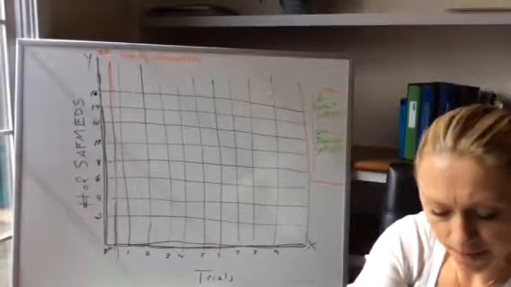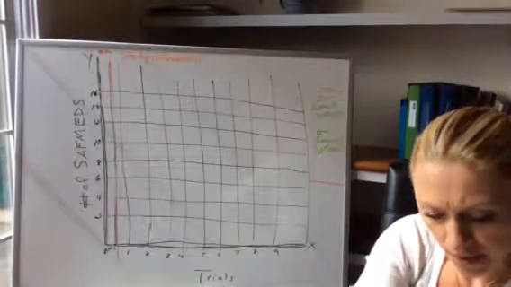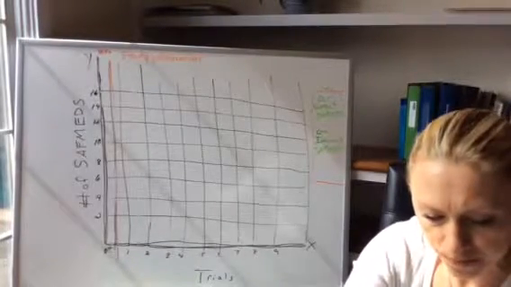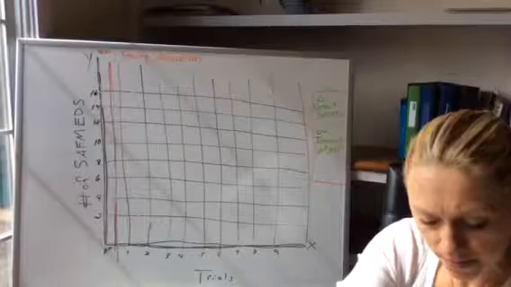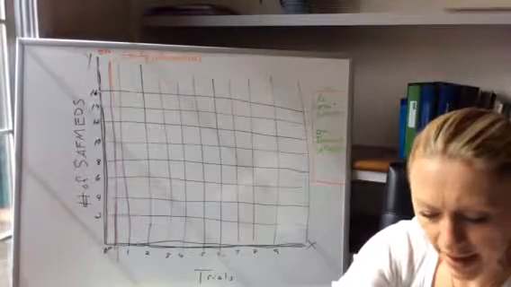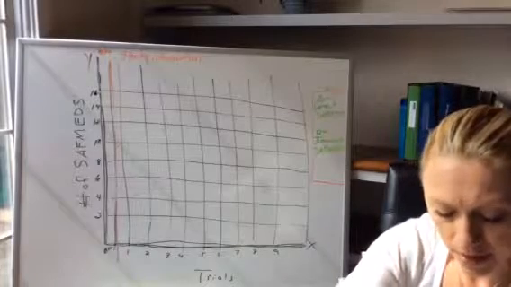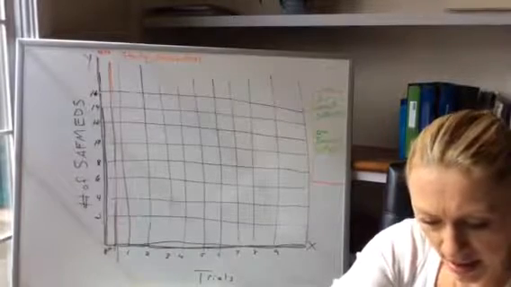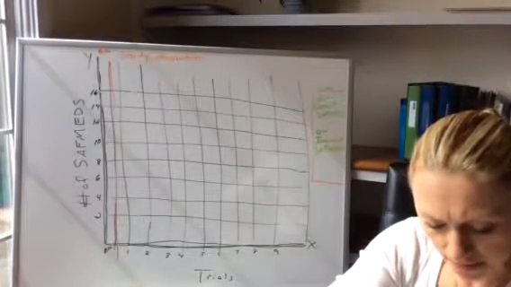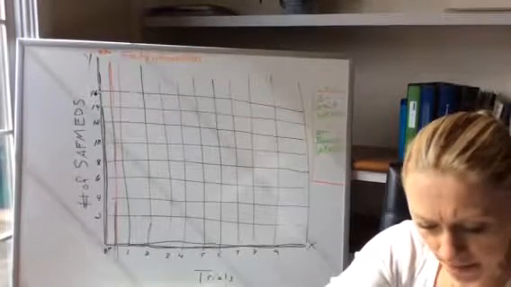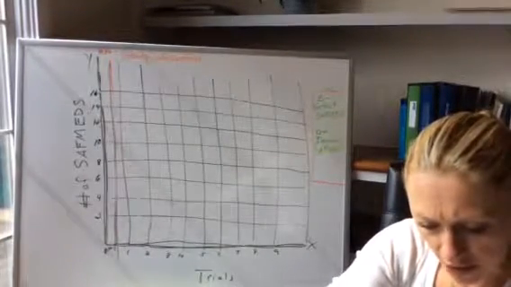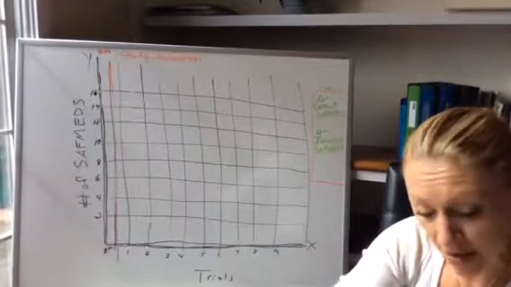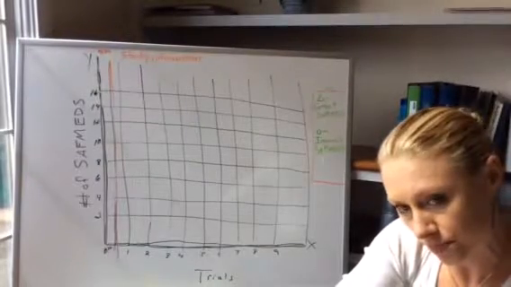A line drawn on a graph to denote a change that may have an impact on the behavior of interest to be measured. Okay.